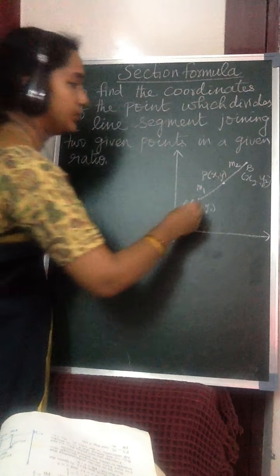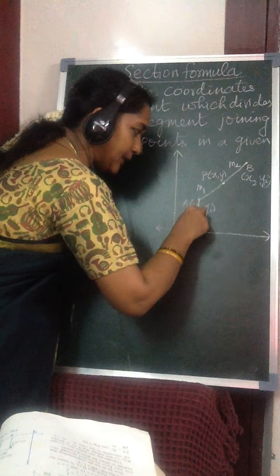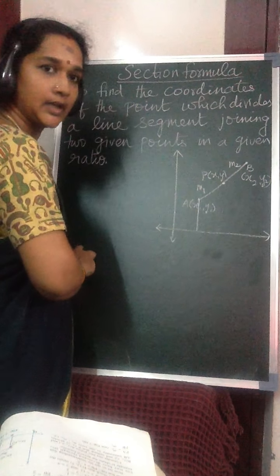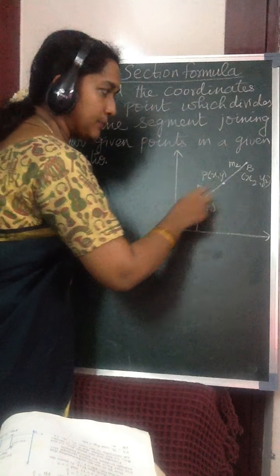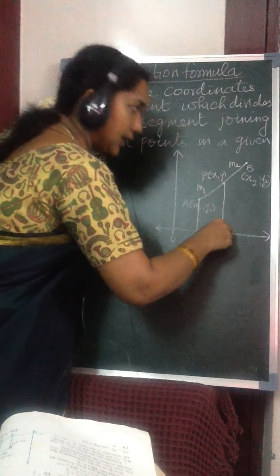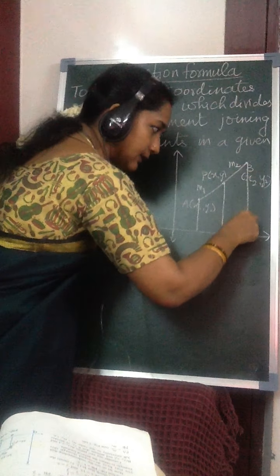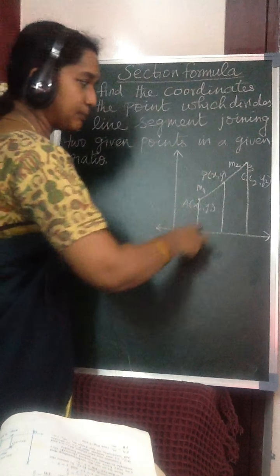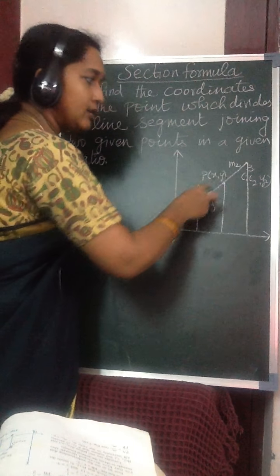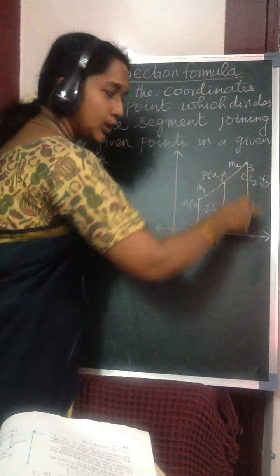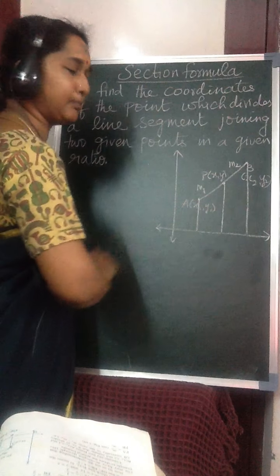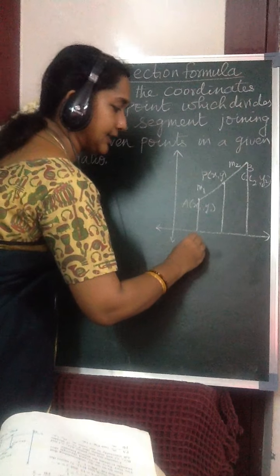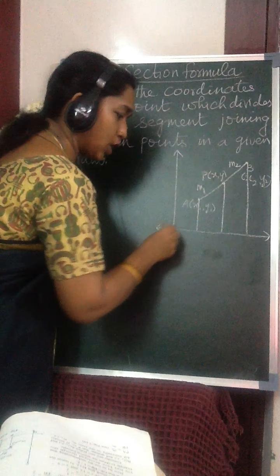Now you draw a perpendicular line from A, from P and from B that touches the x-axis. This is the origin.